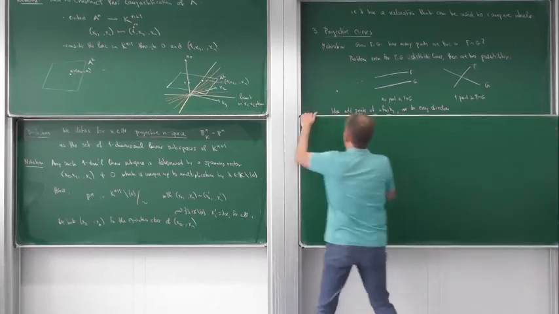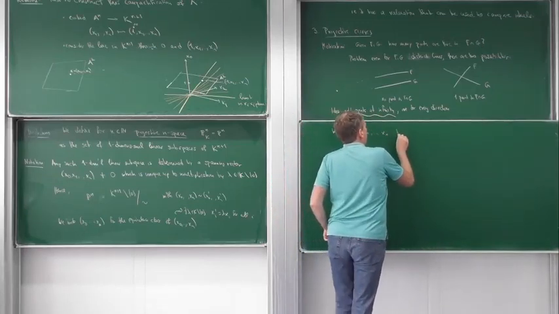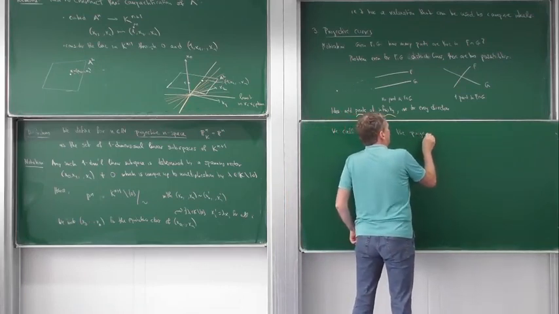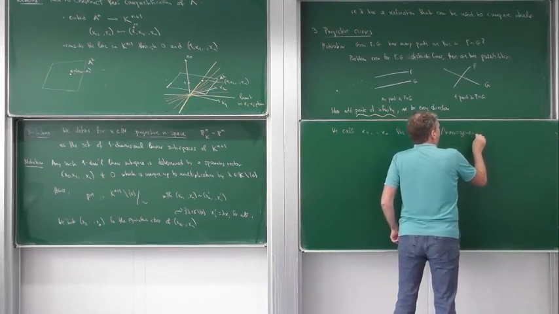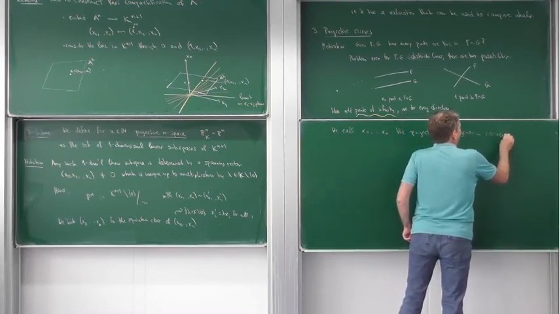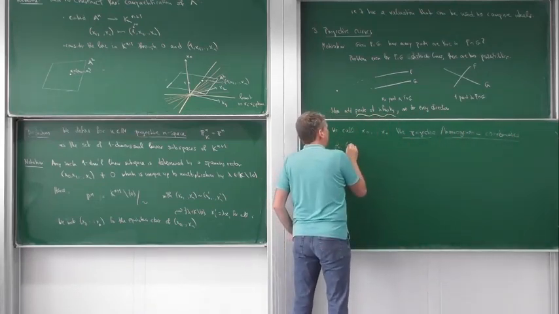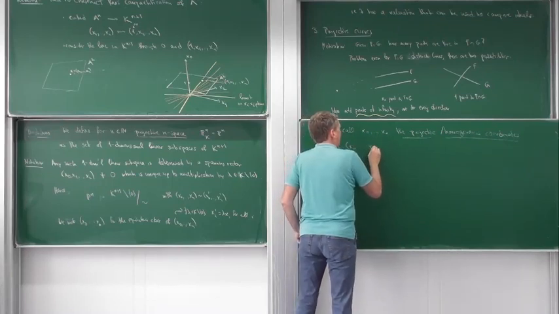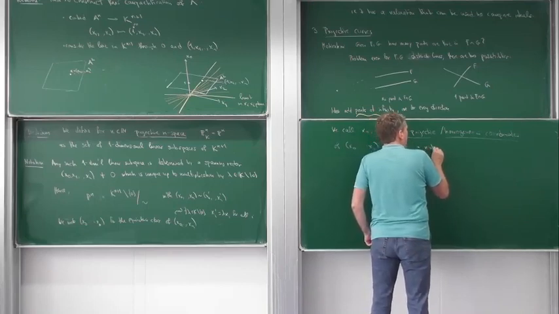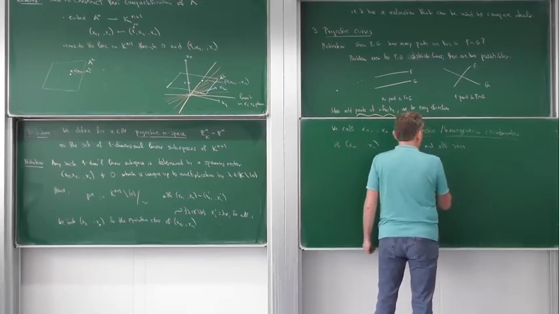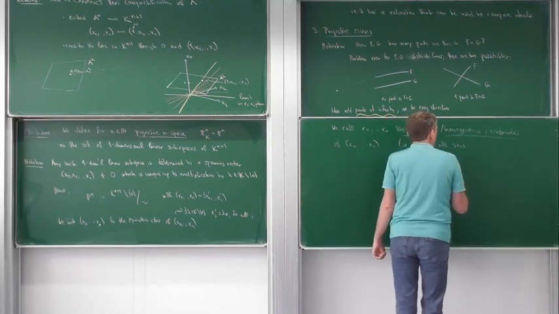So we call x0 up to xn in this notation the projective or homogeneous coordinates of the point x0 up to xn, which means they are not all 0, like the 0 point doesn't exist, and they are unique up to scalar multiplication.